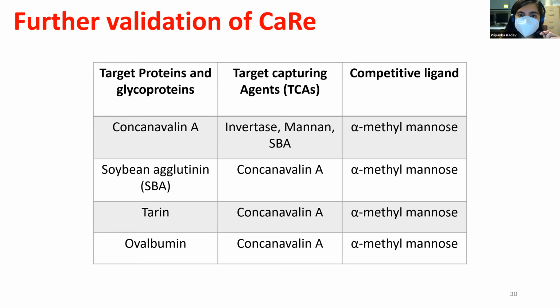In the second column are the target capturing agents, TCAs, that were used, which were very specific to those target proteins and glycoproteins in column number 1. And in order to dissociate those proteins and glycoproteins along with the TCAs, column number 3 is the competitive ligand that we added in a very high concentration in order to dissociate the complex and thus purify the protein or the glycoprotein.